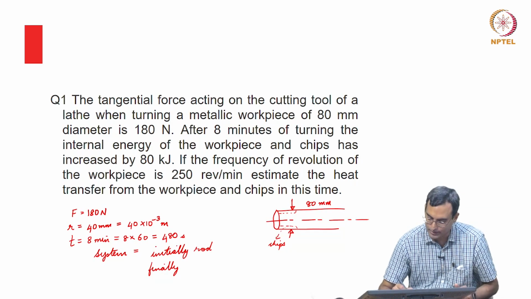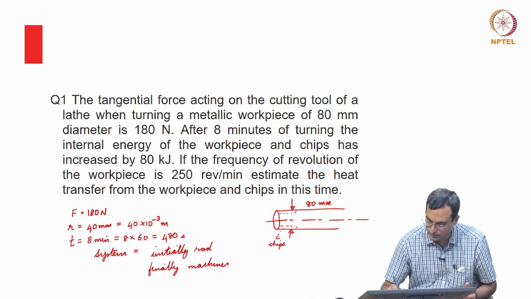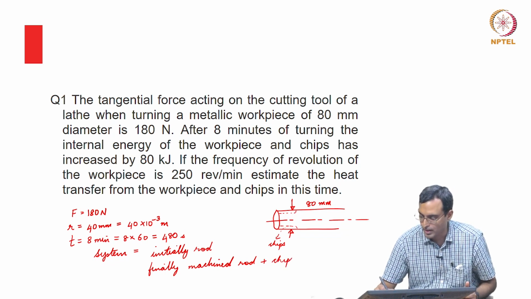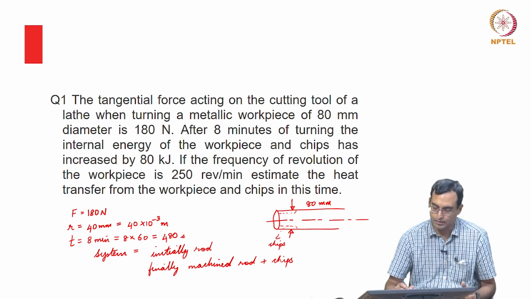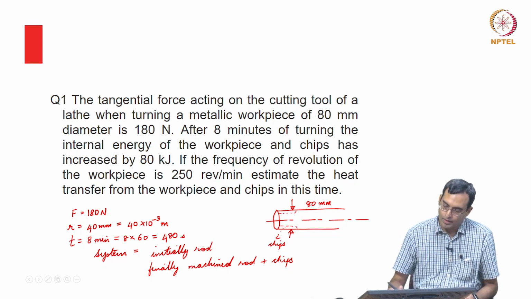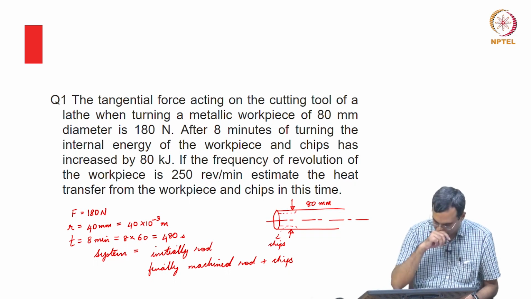So finally it is the machined rod plus whatever material was removed during the machining. So the mass of this and the mass of this are the same. So there is no change in the mass if you consider both of them together. And the change in internal energy is given as 80 kilojoules.